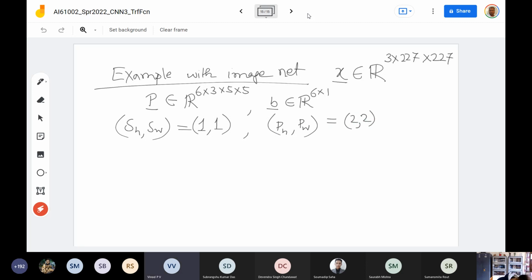In that case, what is my Y going to belong to? What is this Y going to come out as a result of 2D convolution? Tell me.